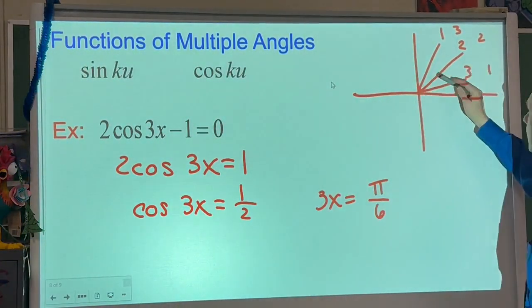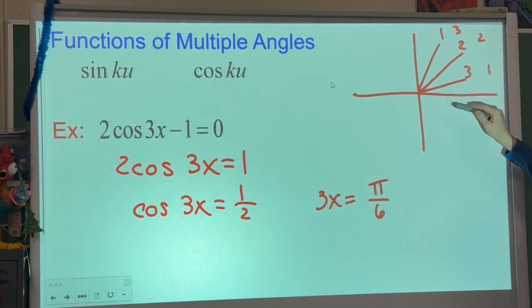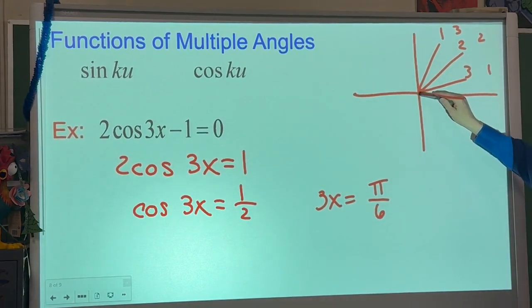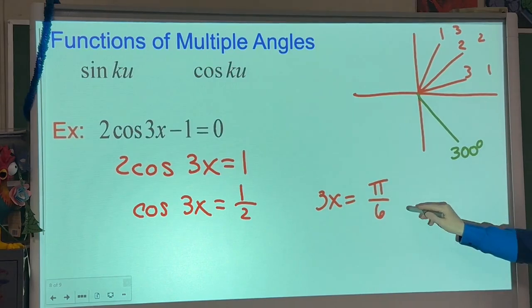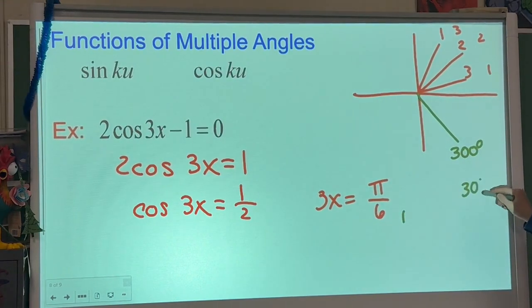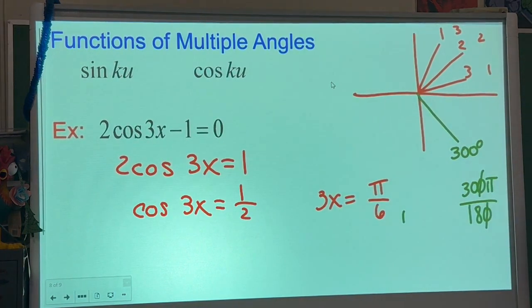Cosine's also equal to 1/2 here. 60 degrees from 360 would give me 300 degrees. 300 pi over 180. Cross off zeros. Reduce 30 over 18. What goes into both of them? 5 times 6, 3 times 6.